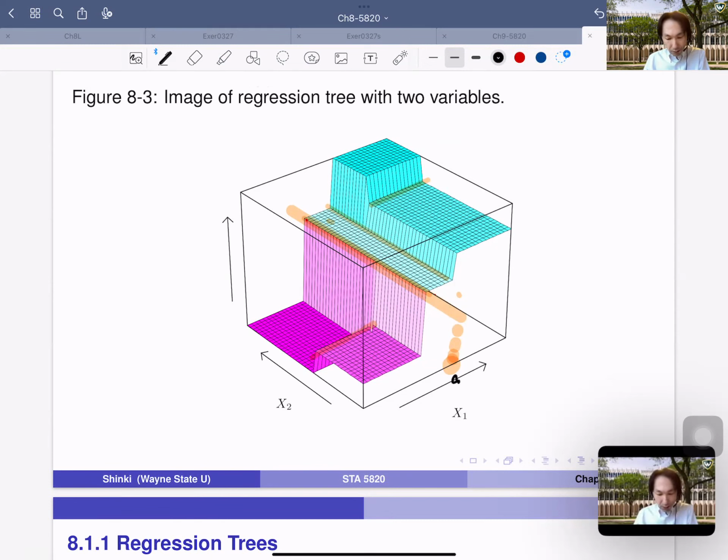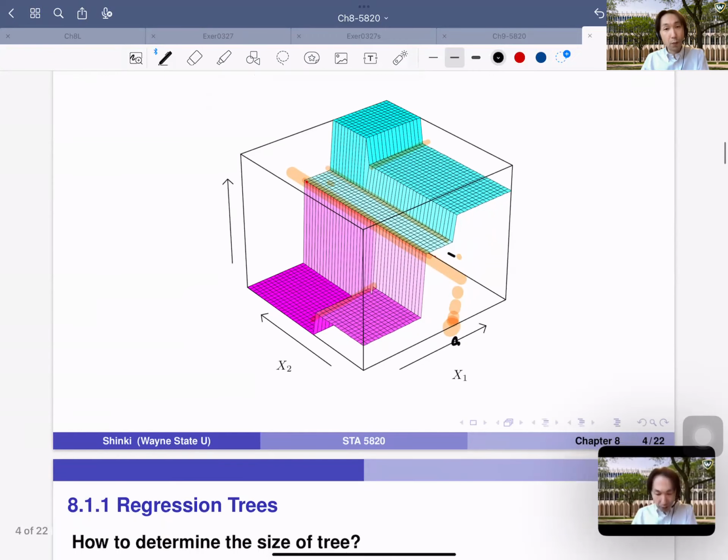In this case, we use four nodes for the tree, and we have 5 pieces. The predictor space was separated into 5 pieces, and we fit a constant for each part. But you can see the fitted value for the regression tree is very discontinuous.